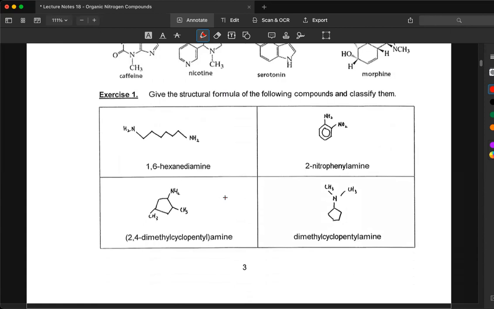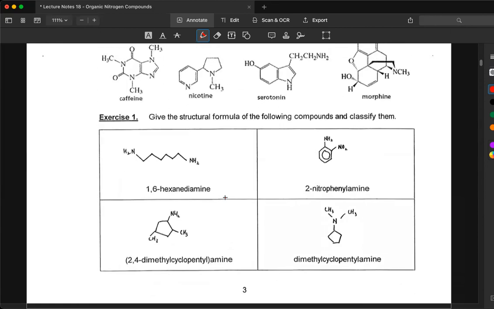Now, this is a simple exercise to help you determine the structural formula of the compounds and classify them, like this one, 1,6-hexyldiamine, because you have 1, 2, 3, 4, 5, 6.